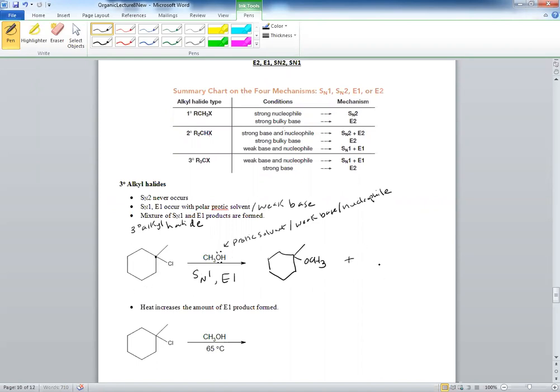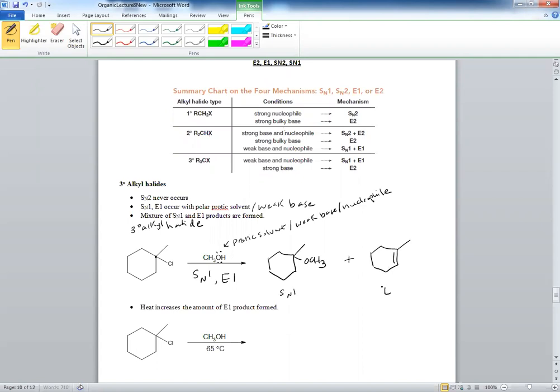And for the elimination, you would have either this product or the double bond would be on the other side right here on the top. So this would be SN1 product.